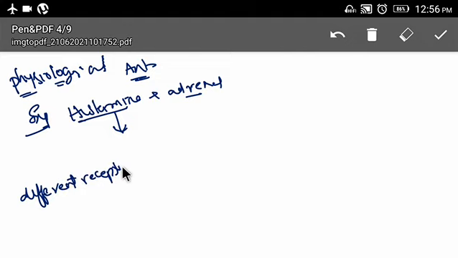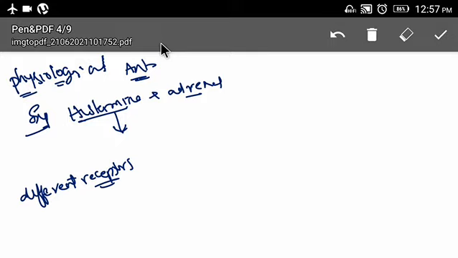But still they are acting as antagonists, so they are able to antagonize each other. This mechanism is called physiological antagonism.